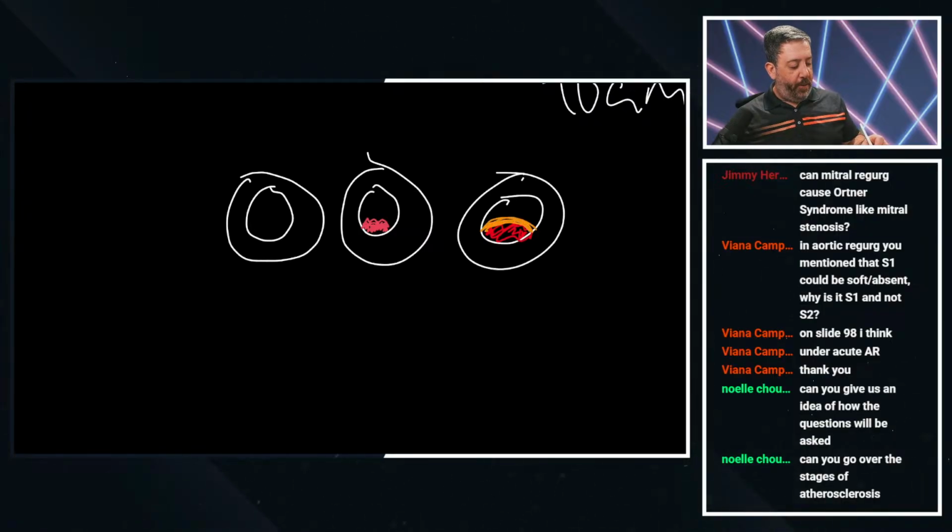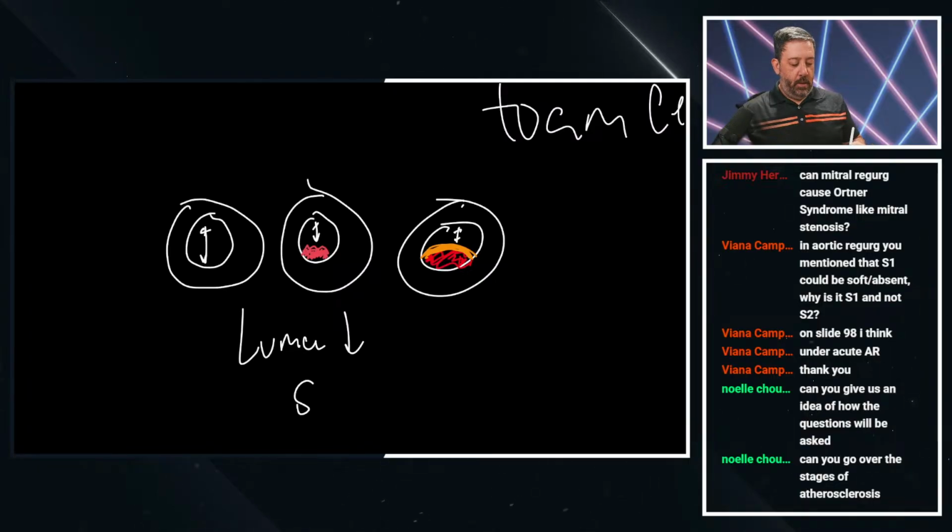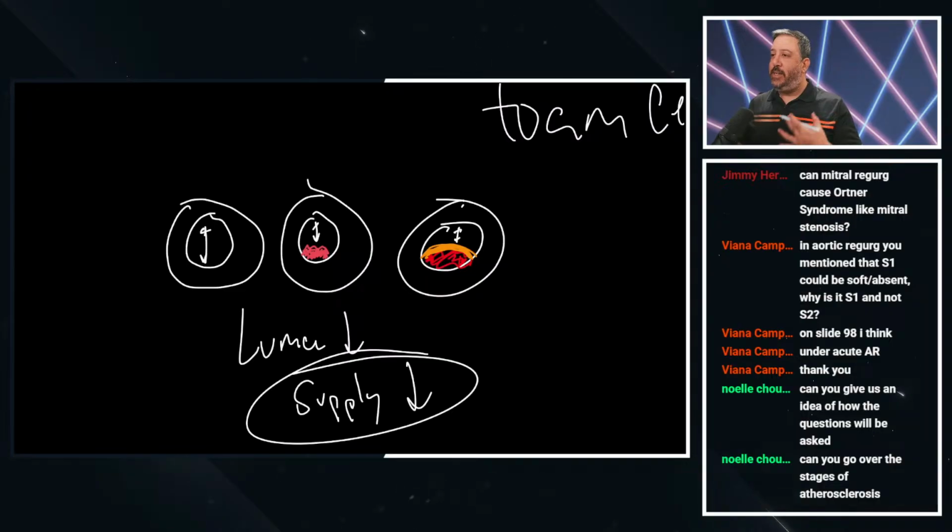We try and endothelialize that, foam cells, the fatty streaks, get all that inside the layer and seal it up. But as you can see, when you do that, the lumen size obviously decreases. So therefore, the supply is going to decrease going through those areas.